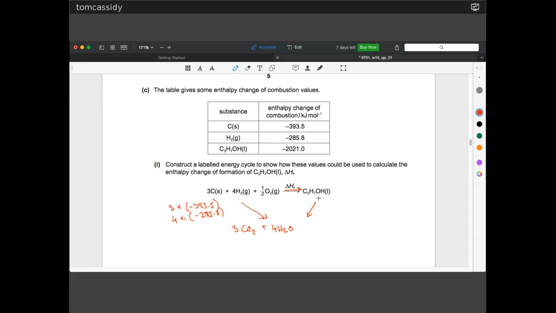But because we've got the enthalpy of combustion here for propanol, we don't need to multiply up by anything here because the enthalpy of combustion is for 1 mole of the substance. We've just got a stoichiometric coefficient there implicit of 1. So that is 2021.0. All right?